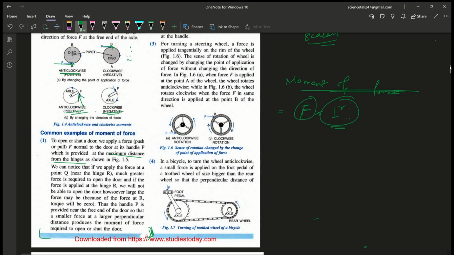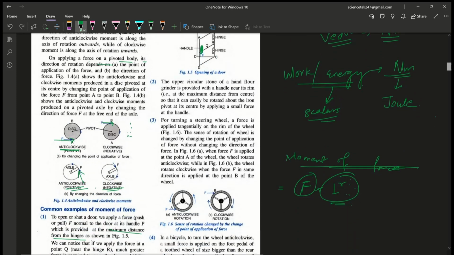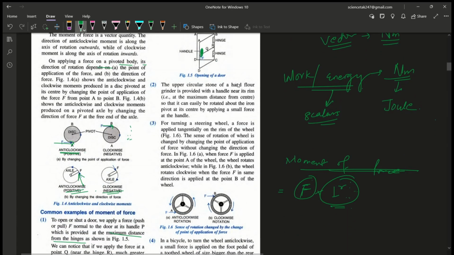Next, the upper circular stone of a hand flour grinder is provided with a handle near the rim. You might have seen, or you might not have seen actually, because it is not used anymore in urban areas, right? So it is something like that, and then you have a handle here.